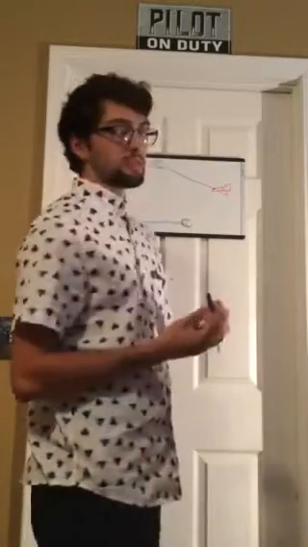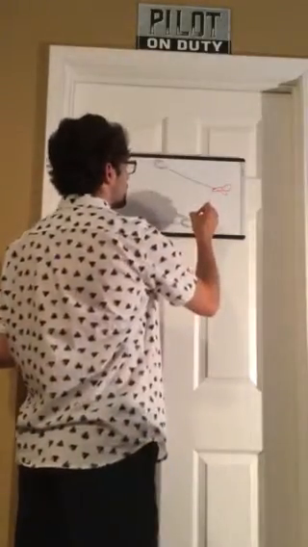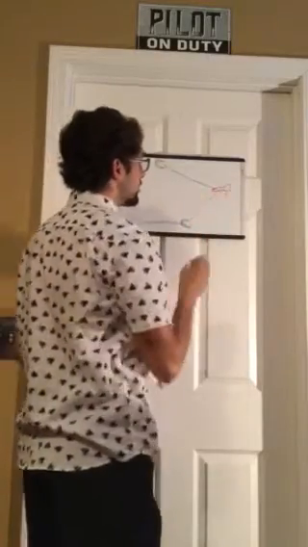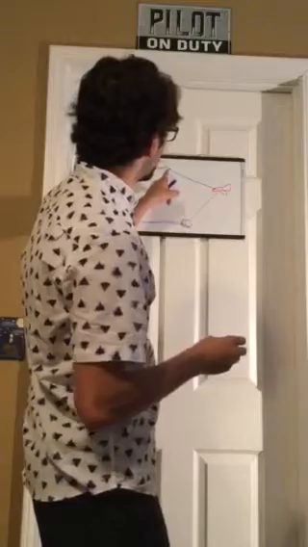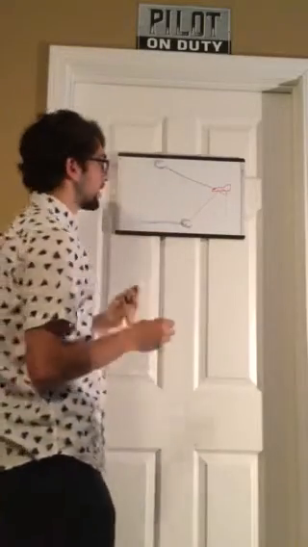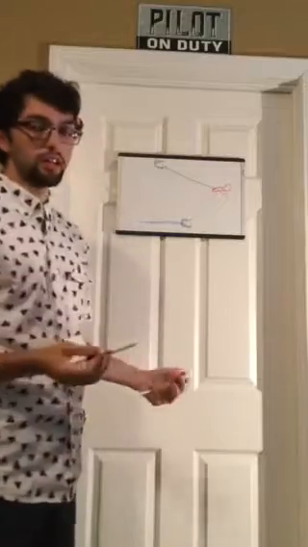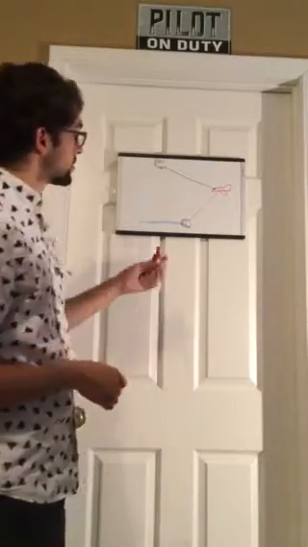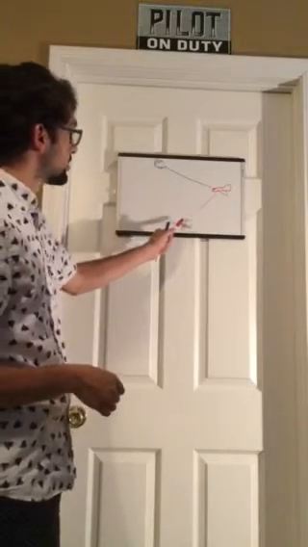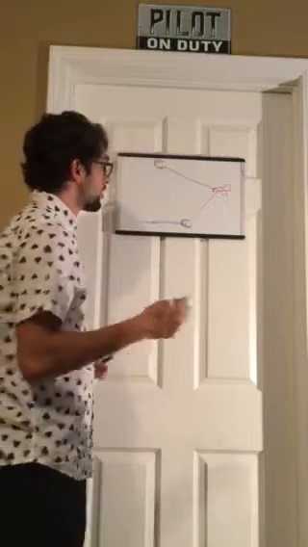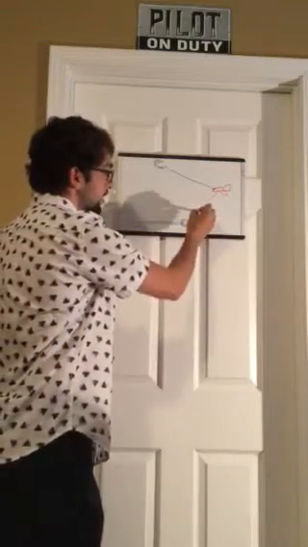This is where WAAS comes in. WAAS sends a signal to our airplane and bounces it off, and it computes the difference between this signal and this signal and gives us a more accurate description of where we're at. And it can get very, very precise, which is why we can come all the way down to here, to a very low minimum. If we didn't have WAAS, we'd probably be breaking out right here.